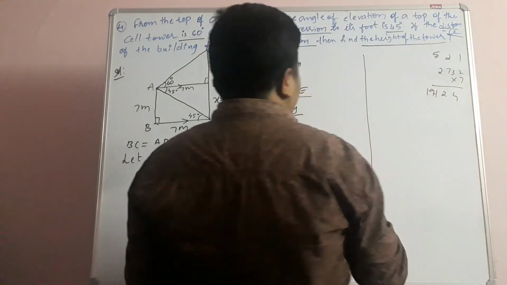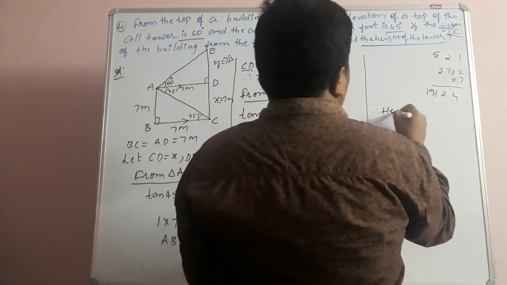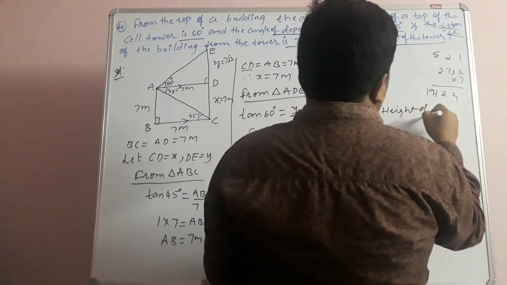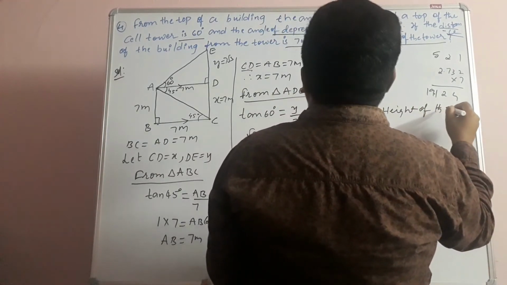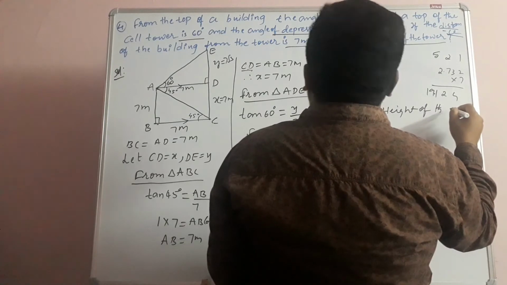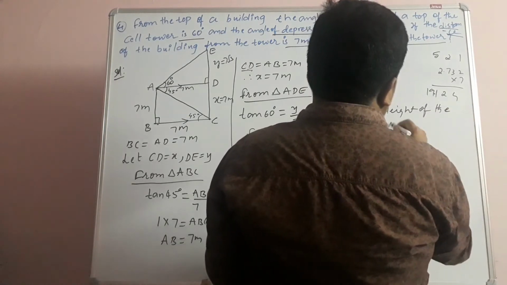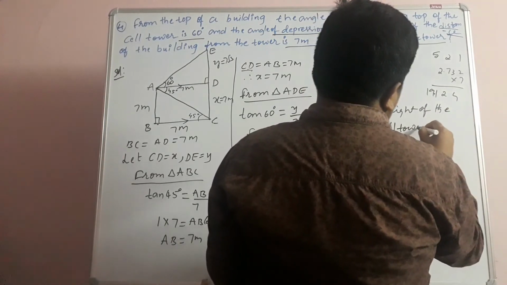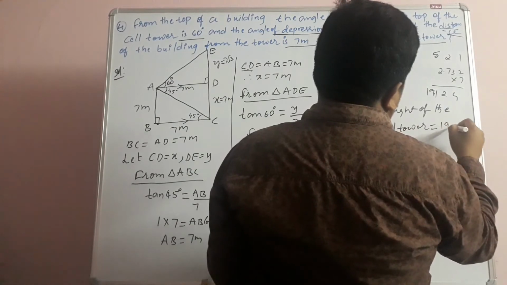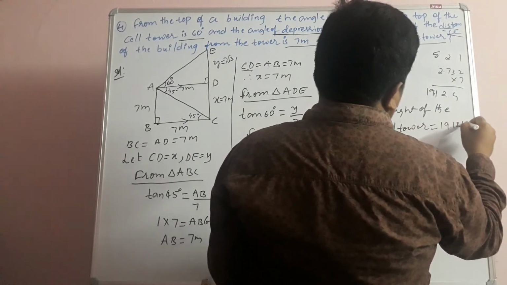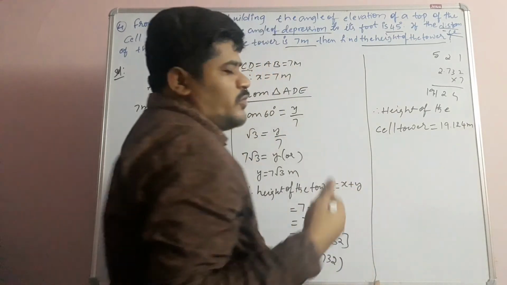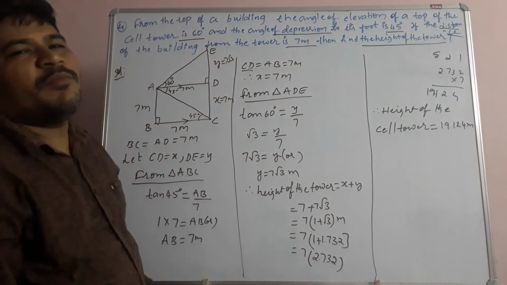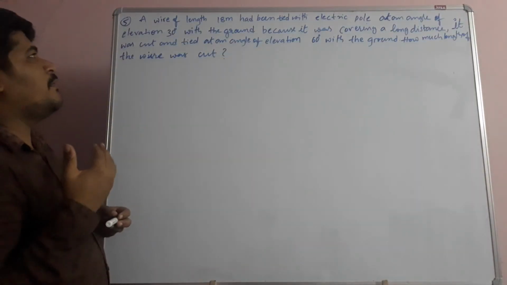So children, therefore the height of the cell tower is equal to 19.124 meters. So students, in this way we will solve this problem. Let's see problem number 5.